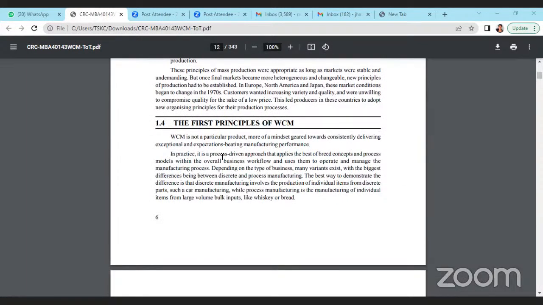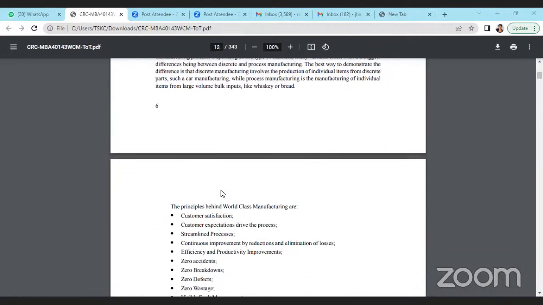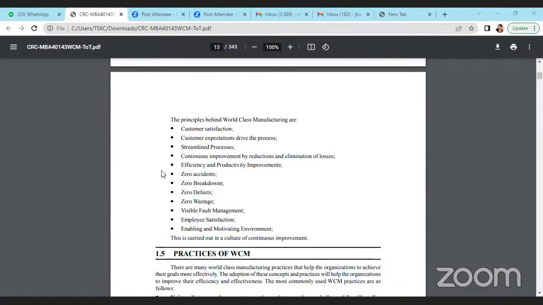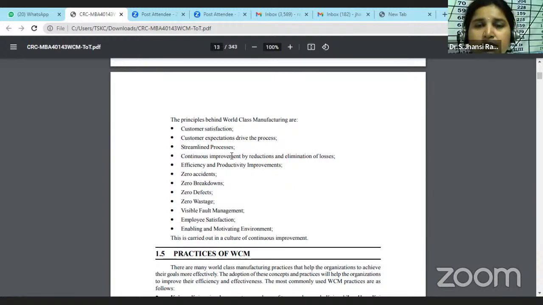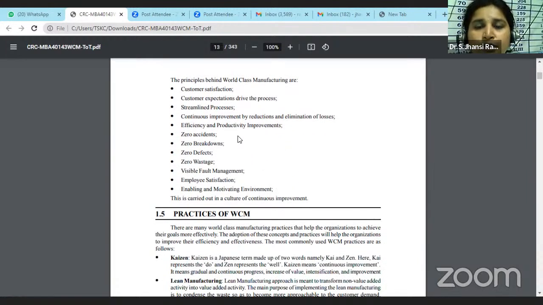We think it is not a product, it's a mindset that consistently delivers exceptional, expectation-beating performance. These are the principles behind world-class manufacturing: customer satisfaction, customer expectations drive the process, streamlined process, continuous improvement by reduction and elimination of losses, efficiency and productivity improvements, zero accidents, zero breakdowns, zero defects, zero waste.